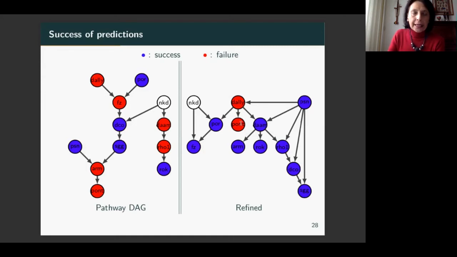The same does not happen if we use the pathway DAG as a skeleton. So if we play the same game using the pathway DAG, because of course, as I said already, this does not represent observational associations very well. But in the end, we were satisfied about the pipeline for synthetic simulation.